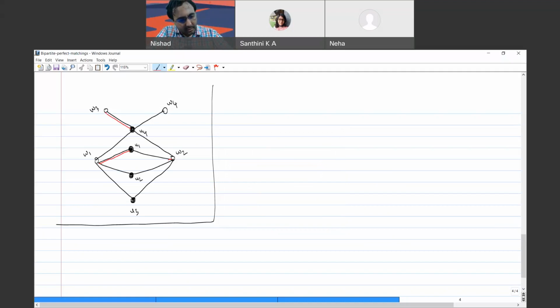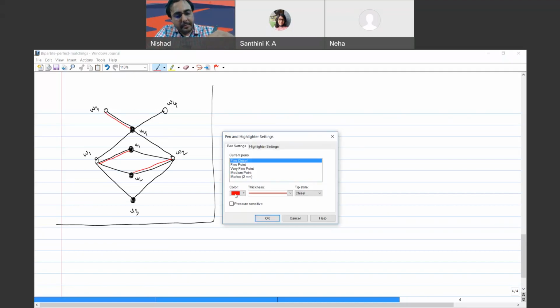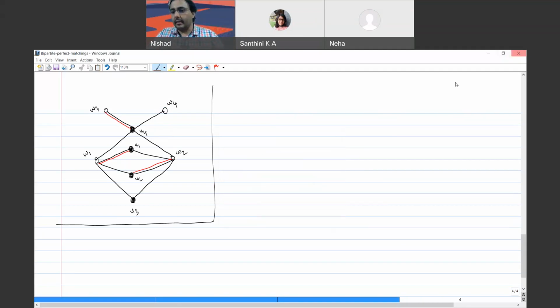Okay, let's do this. So that clearly is a maximal matching. We could have started with that matching and then run the algorithm. Right? So let's do that. Yes, you mean this one, right?